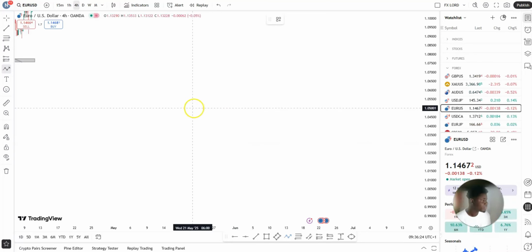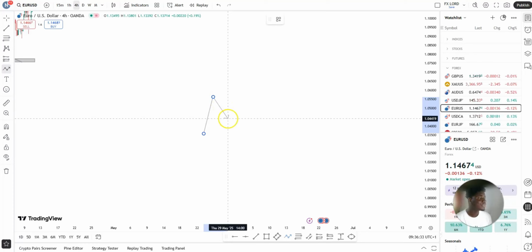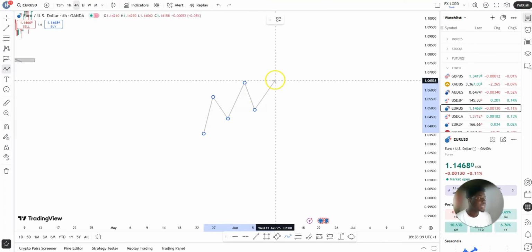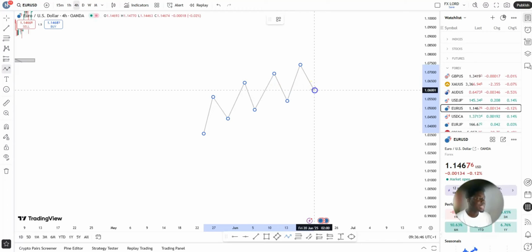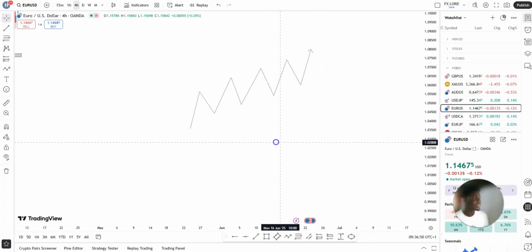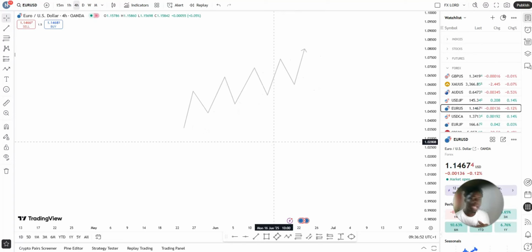The market is creating a high, a higher low, a higher high, a higher low, a higher high, a higher low, and then a higher high. This is an uptrend. This is the market trending upward.